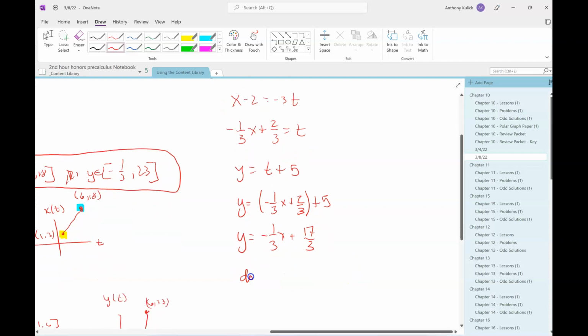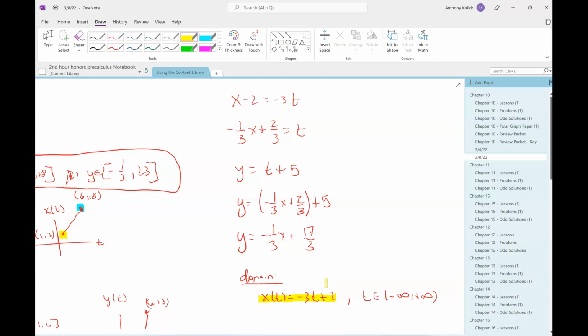Feel okay? Okay. So the domain, we're going to be looking at the parametric equation for x. So x of t equals negative 3t plus 2, where t is defined for all real numbers. Alex, if I look at the equation for x of t, what kind of function is that? Linear.